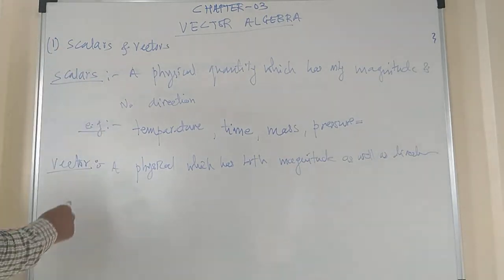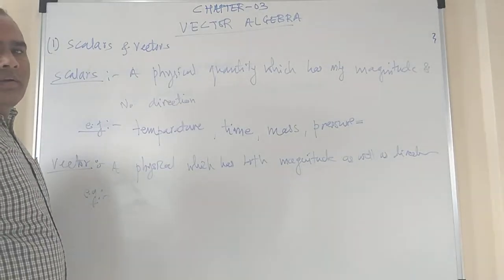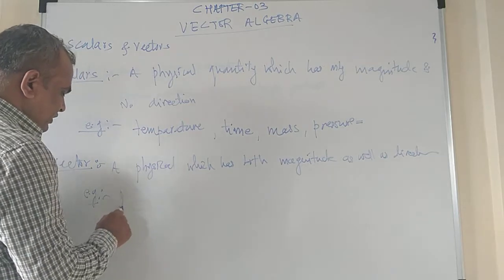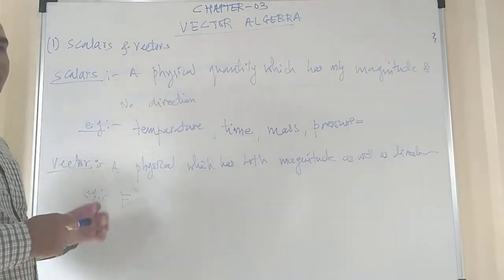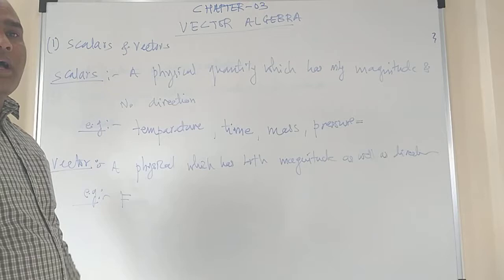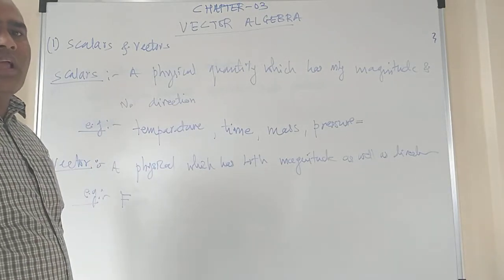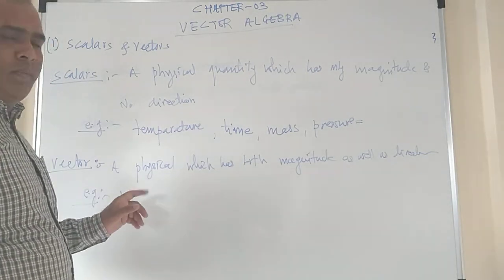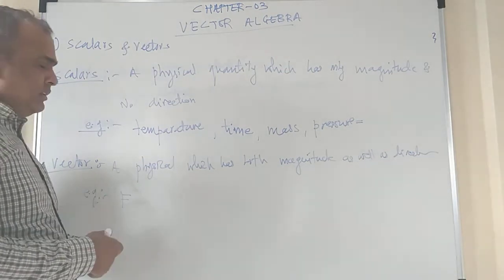Now, what are the examples of the vectors? There are various examples. You are already aware with these primary things of the vector algebra. So, force is a vector quantity, because if you are applying some force on any body, then you have to apply with magnitude, and once you push that body, that will get displaced from its original position on a particular direction. That means there is a direction also. So force is a vector quantity because it has a magnitude as well as a direction.